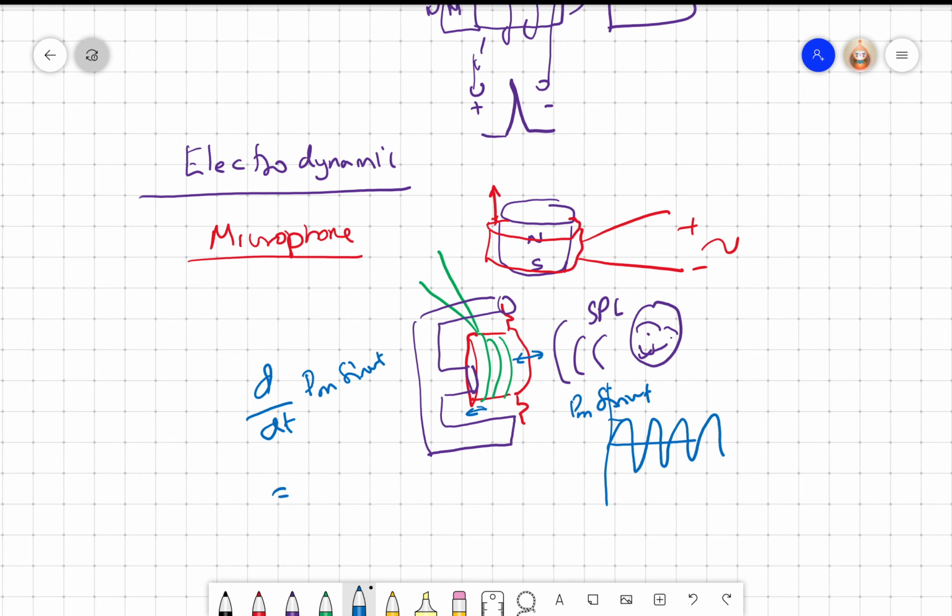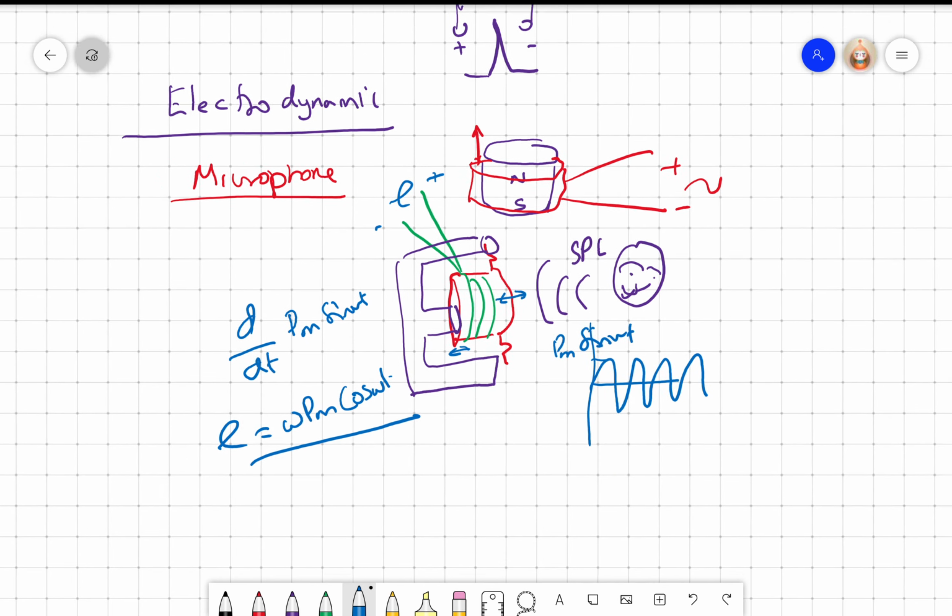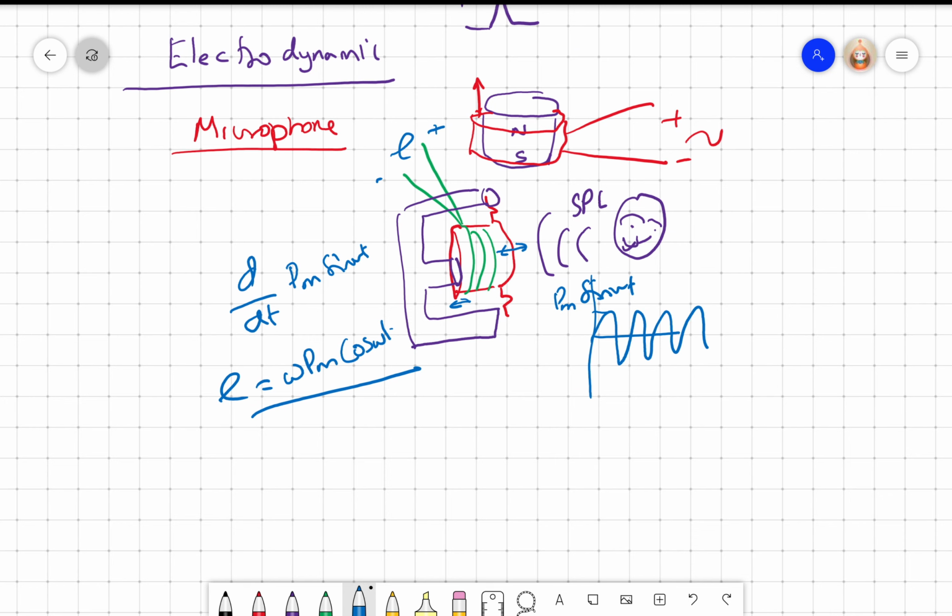That would be equal to omega Pm cos omega t, right? So that would be the induced EMF here, E plus minus. So we see that the output is proportional to the frequency.